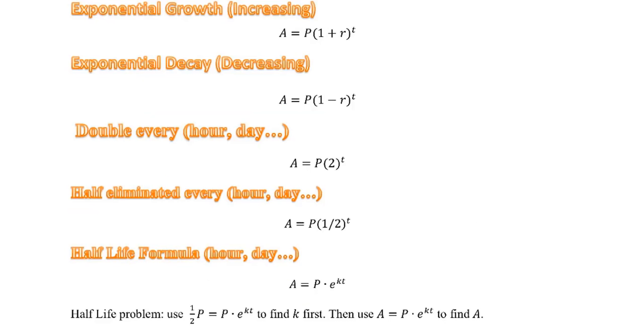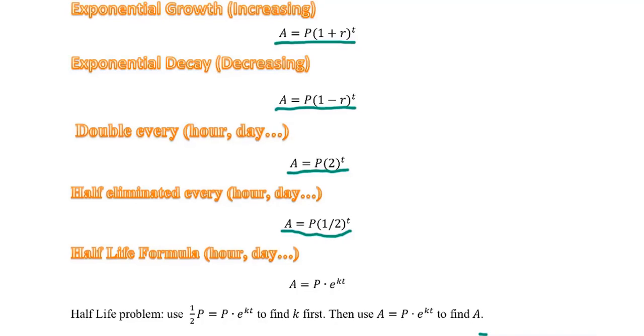For exponential growth, here's the formula. Exponential decay, this will be the formula. Double every hour or every day or every second, this will be the formula. When we have half every hour, day, minute, or second, this will be the formula.